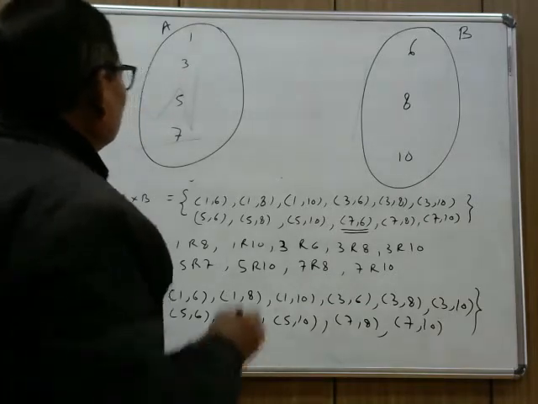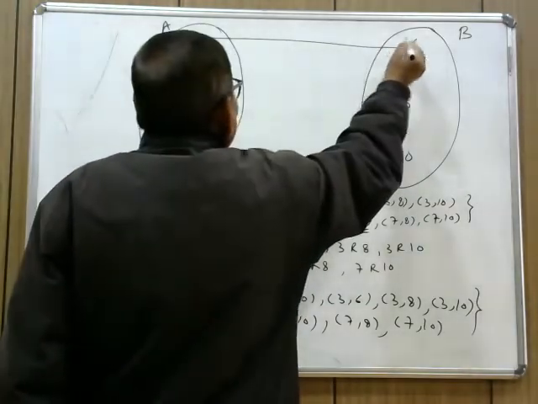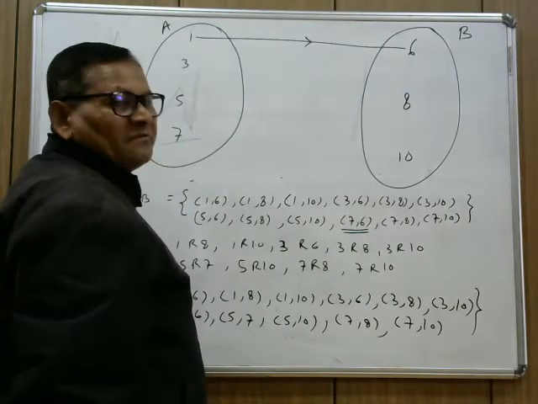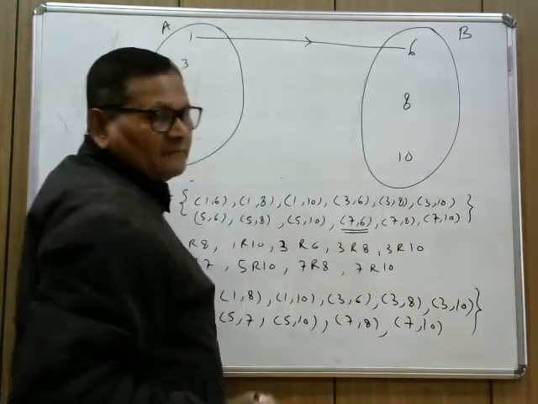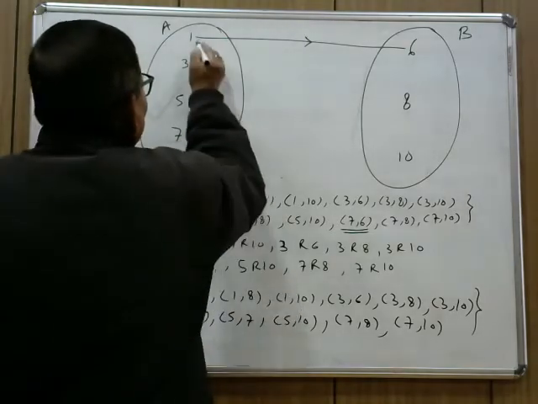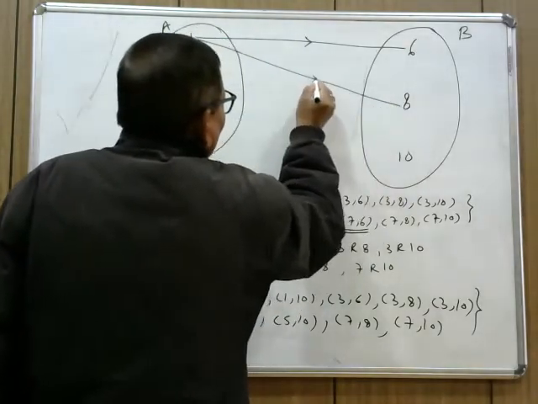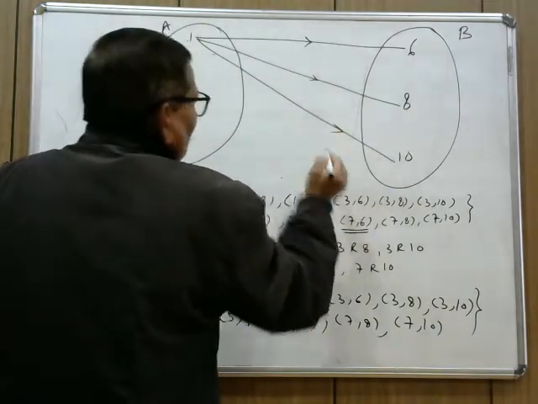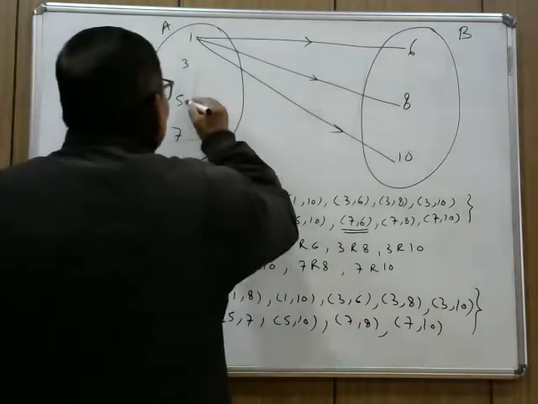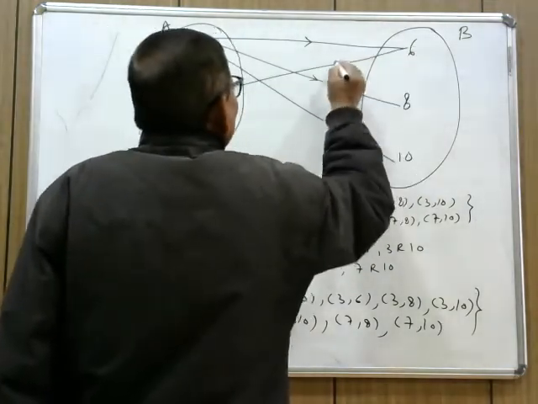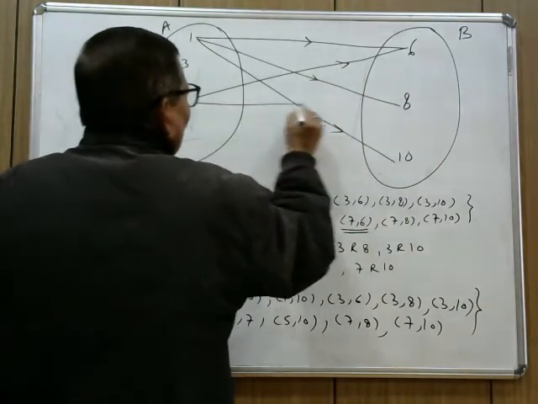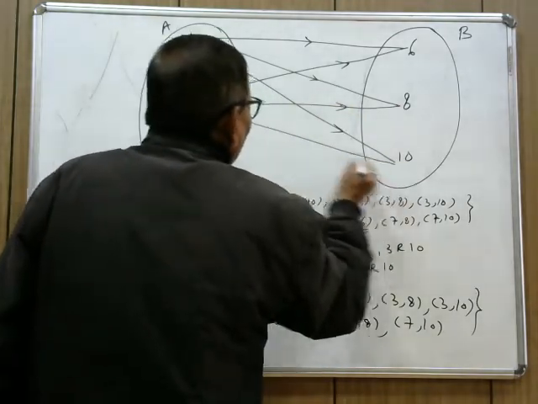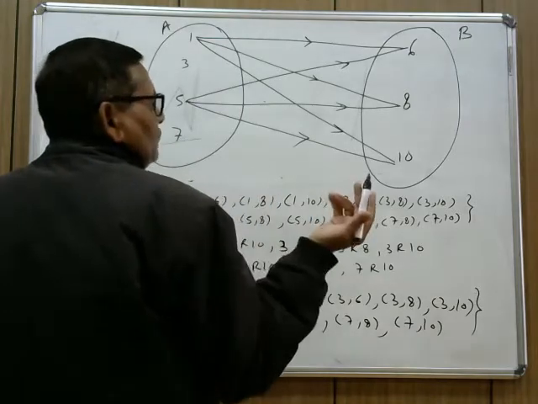So 1 is related to 6. You join 1 and 6 by a straight line, and since 1 is related to 6, you make an arrow on this. And 1 is related to 8; you join 1 and 8 and make an arrow on it. 1 is related to 10, you put an arrow on this. 5 is related to 6, 5 is related to 8, and 5 is related to 10. 7 is not related to 6.